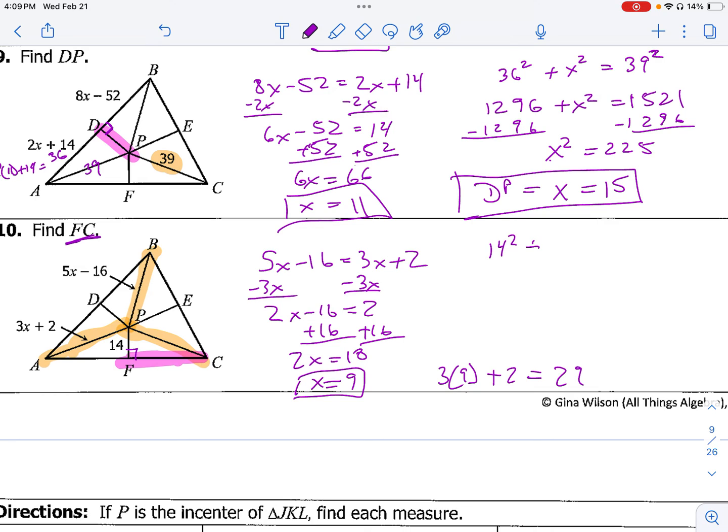So 14 squared plus x squared equals 29 squared, because hypotenuse is across from the right angle. So 14 squared, put that in our calculator, it's 196 plus x squared equals 29 squared, which is 841.